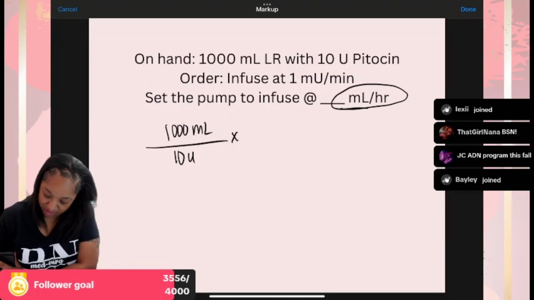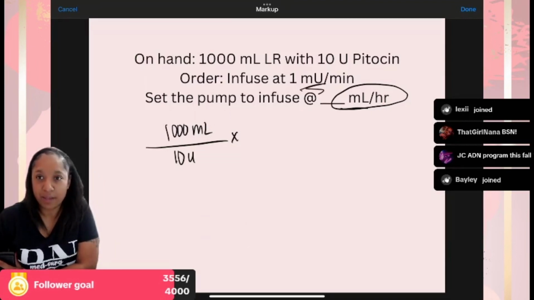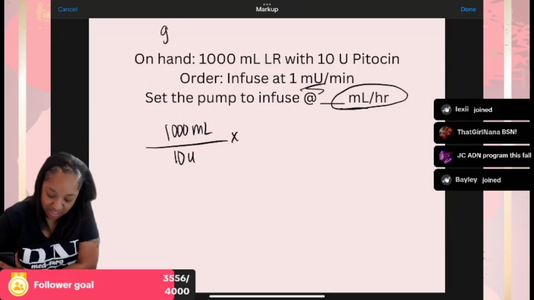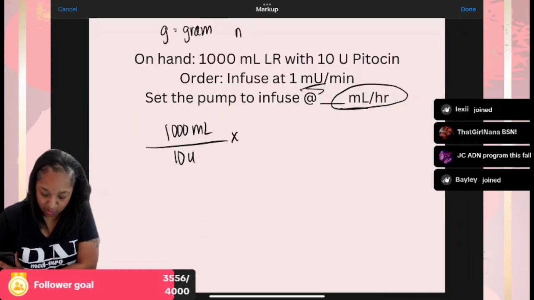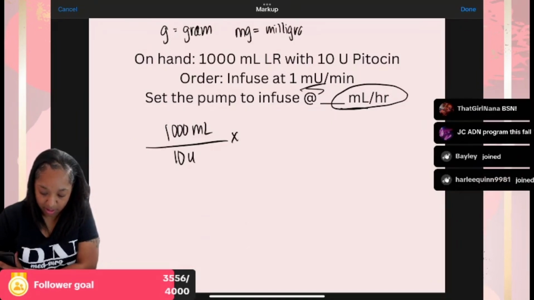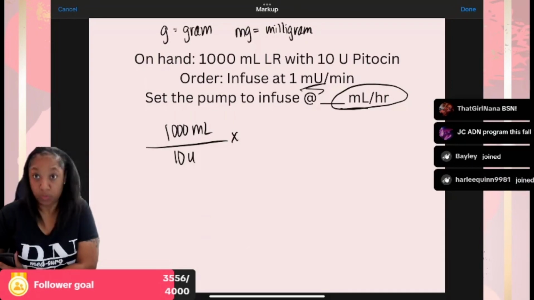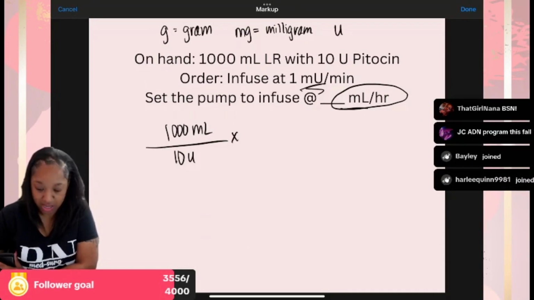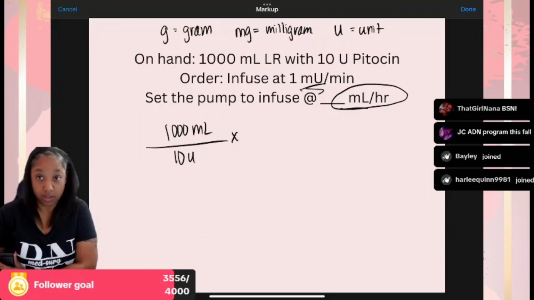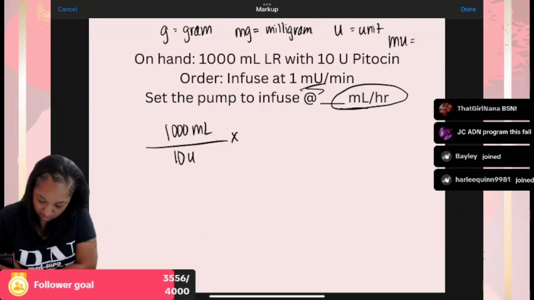Alrighty, 10 units, okay? So what we have is a milliunit. Don't freak out about this, because it's just like gram and milligram, right? That is unit and this is milliunit.